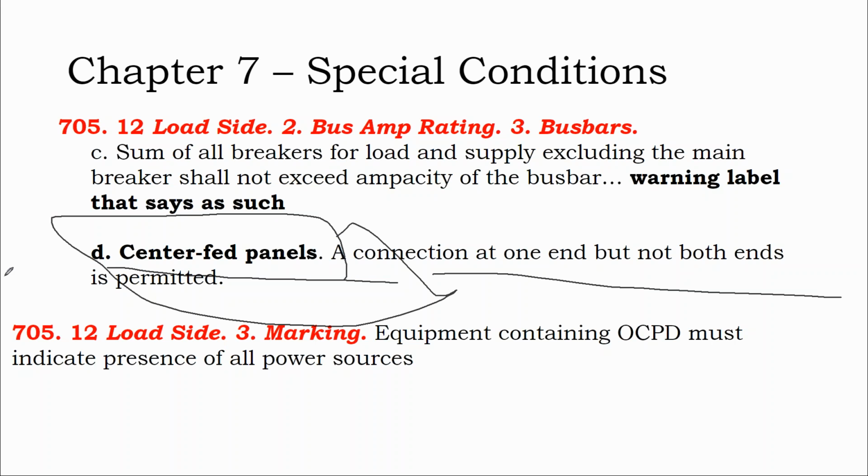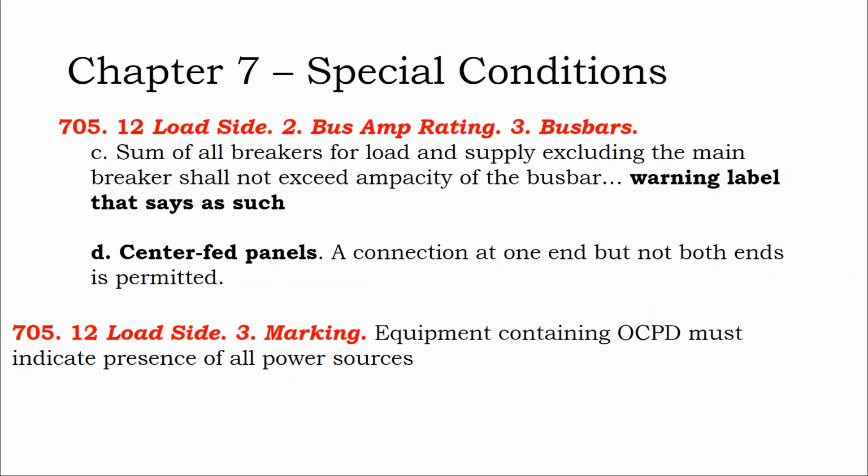That used to be ambiguous. That's been clarified in 2020. Equipment containing overcurrent protection devices must indicate the presence of all power sources. So an electric service panel has to say, hey, this is a solar circuit right here, regardless.